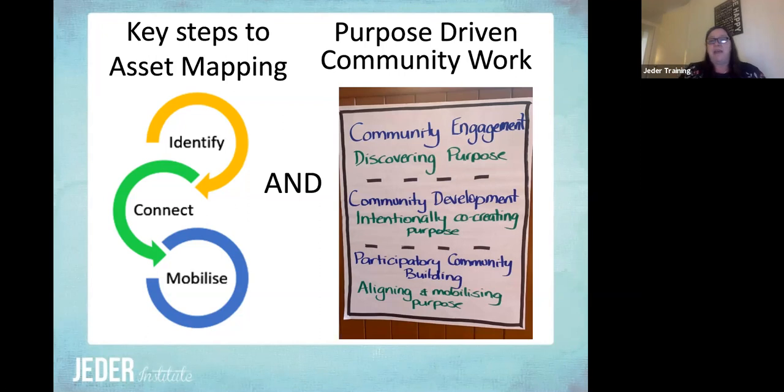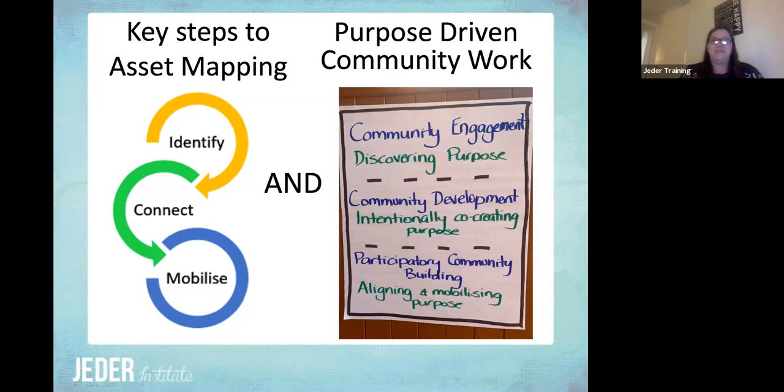But thinking around that community engagement, when we're first discovering that purpose, we are identifying. So we're identifying what's there. And as ABCD talks about, we're building community from the inside out. So we're building on what's already there, that glass half full. So I thought, yep, that works for me. Then looking at the community development, if we're co-creating, well, that is where we're connecting.